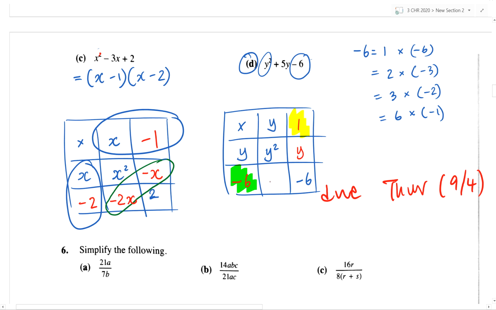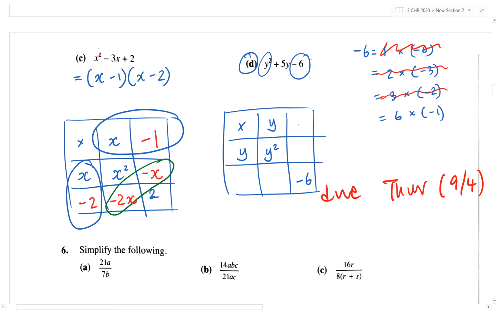If I put in negative 6y here, plus y, I'll get negative 5y, which is different. So don't bother continuing. I know that 1 and negative 6 will not work. How about 2 and negative 3? Well, 2y will be inside this blank, negative 3y over here. I will also not get 5y. Don't waste time. For the same reason, this will also not work.